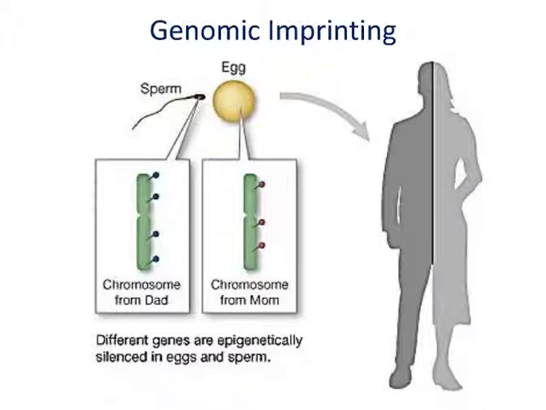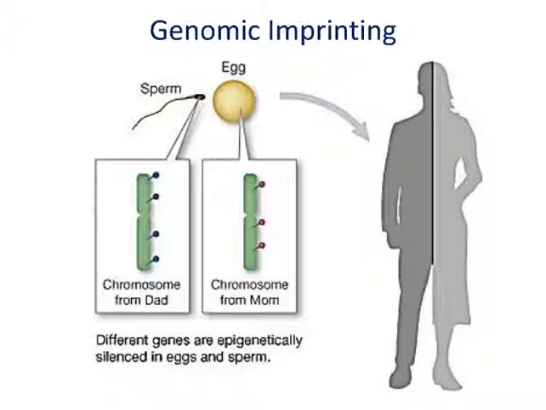Imprinting does not occur on every chromosome. Only 9 chromosomes are known to have regions of genes that are imprinted. Imprinting occurs by a pattern of methylation, meaning the copy of the gene to be inactivated is coated with methyl groups. This takes place before fertilization in the egg and the sperm cells.